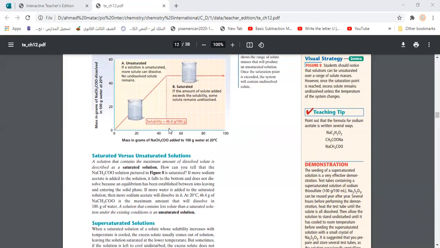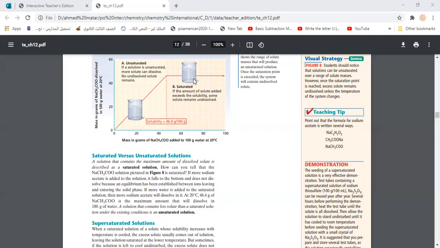We said that sodium acetate has 46.4 grams for each 100 grams of water. That is the saturation. What if I need that 100 grams of water to dissolve more than these 46.4 grams of sodium acetate? In that case, once we reach equilibrium, that means the solution is already saturated, we start to heat up the solvent.